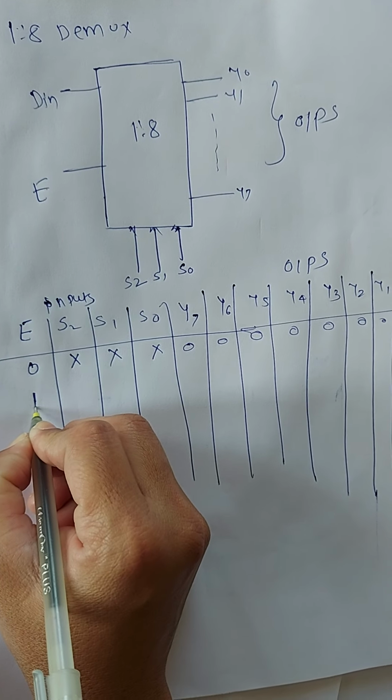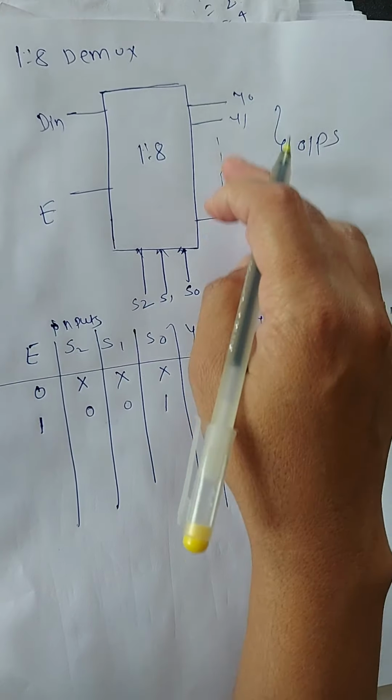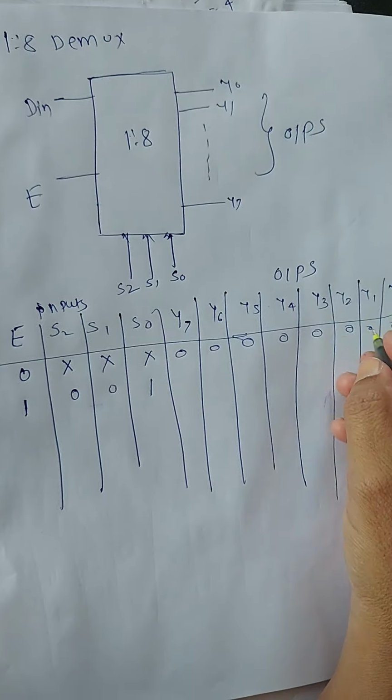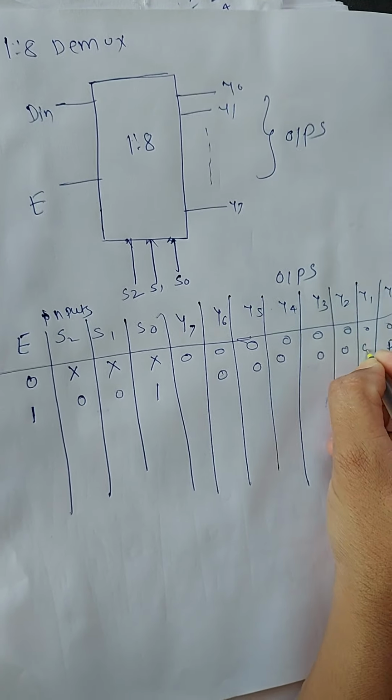When enable is 1 and S2, S1, S0 are 0, 0, 0, the input D in is routed to Y0. So the output here is D in, and the others are 0.